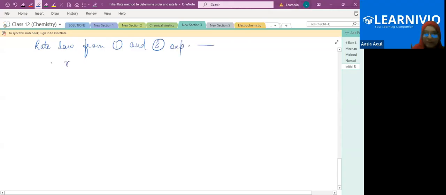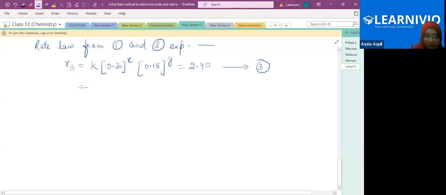We have written the rate law for the first experiment, which is equation number 1, right? So just write down R3. R3 will be rate constant into concentration 0.30 raised to the power x into 0.15 raised to the power y. Mark it as equation 3.